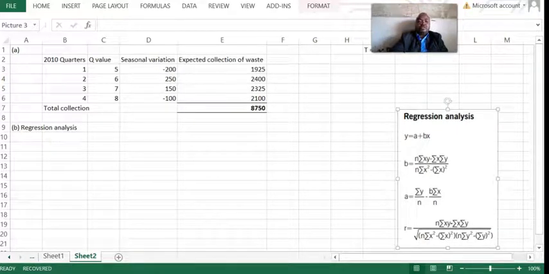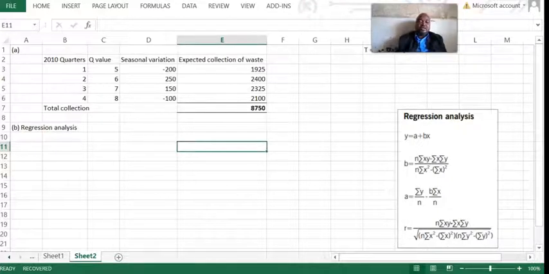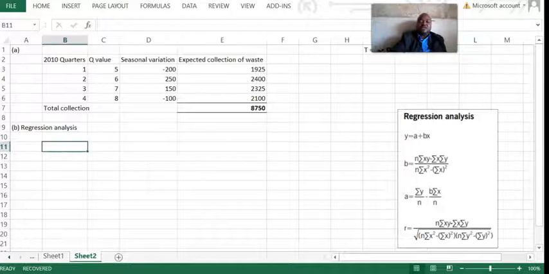All right, we've got the equation there, which is fantastic. So you can see that since we have indicated that we only need to determine the A value and B value from the equation, you just have to use the formulas given, and those formulas should lead you on what variable you need to calculate. Obviously, for B, we need to determine the summation of xy, summation of x, summation of y, and summation of x squared.